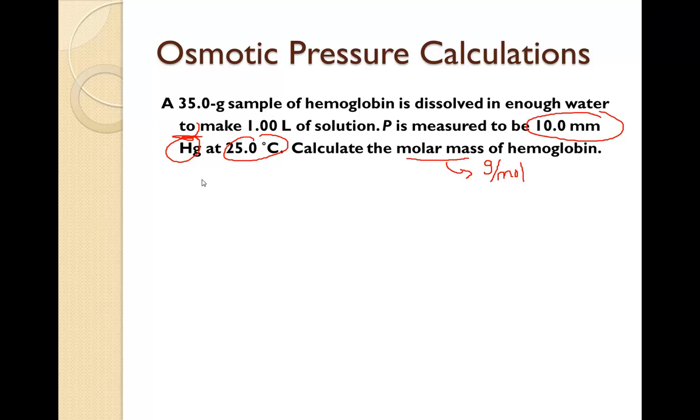So the osmotic pressure is equal to the molarity times R times T. So this is a pressure, but R is in atmospheres, so we need to convert the 10 millimeters of mercury over to atmospheres.